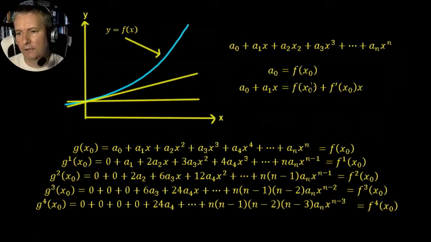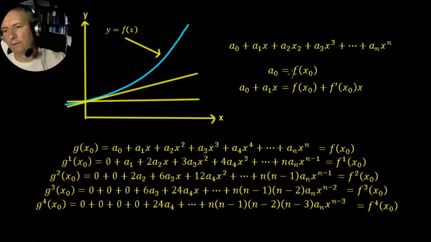So the first one here, we're just saying that a0, the approximating function, just equals the value of the function f at x0. And the second one, a0 plus a1x, the approximating function, is going to equal the value of the function f at x0, and this value a1 will simply be the rate of change of the function f at x0.